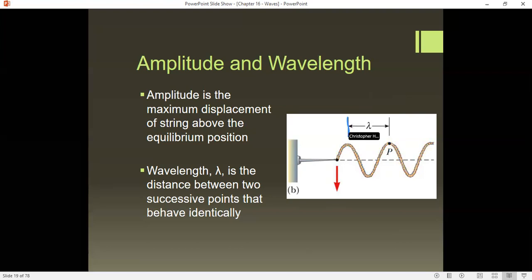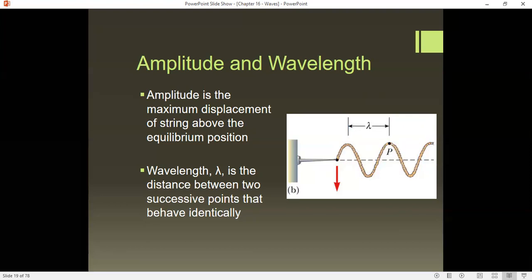Now, for a wavelength, if the wave is vibrating very, very quickly, the wavelength becomes small, okay? So if I were to take this little oscillator and make it oscillate faster, we might get a wave that's much smaller than that, and a wavelength where the peaks come together much closer.